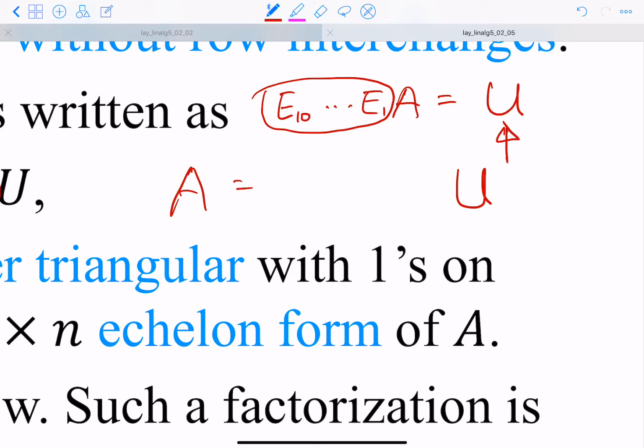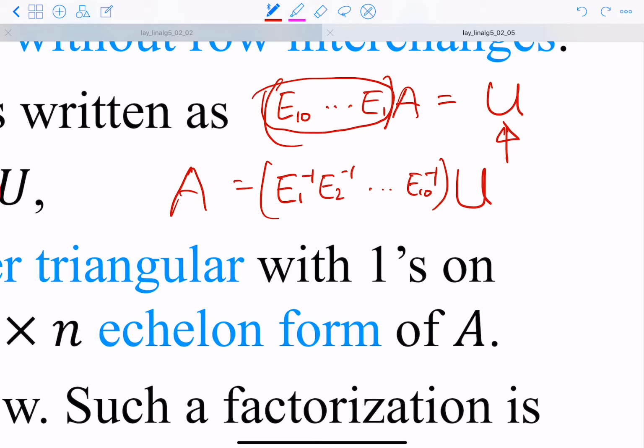A equals E1 inverse, E2 inverse, up to E10 inverse, times U. You know that the inverse of a product is the product of inverses in reversed order. So we obtain a factorization of A as the product of the inverses of these elementary matrices in reversed order, and then our echelon form matrix U. This will be your LU factorization.